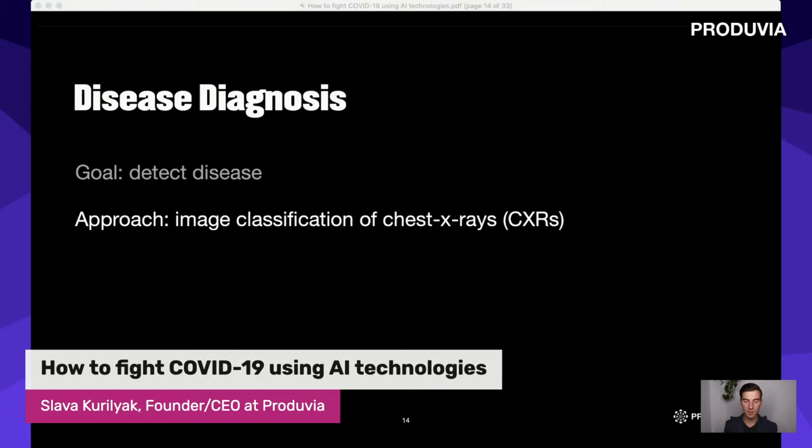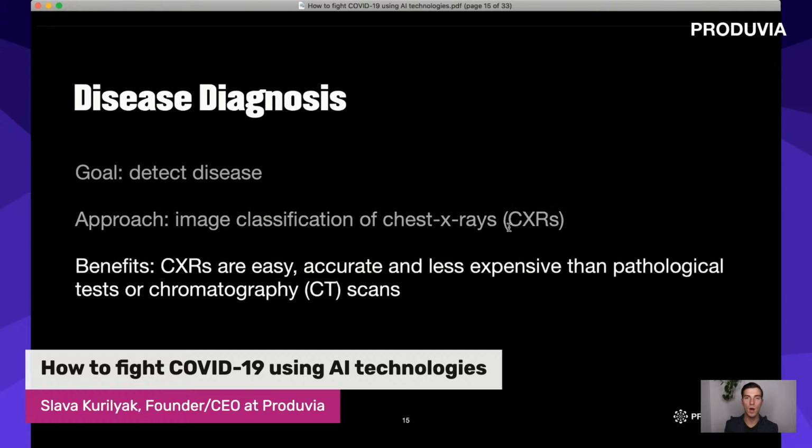The one element to keep in mind is, why should we take this approach? Well, the benefits are quite vast. The approach here is to use a more accurate, less expensive testing methodology as compared to more traditional means of using pathological tests or CT scans.